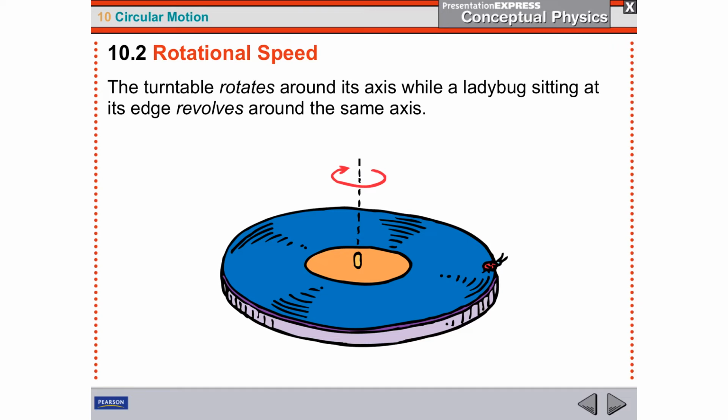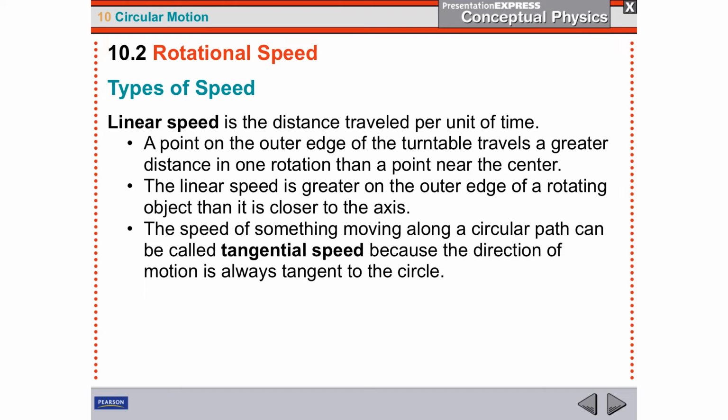The whole disk is going around at the same speed, but the linear speed, how fast you're going in a straight line, is based on how far away from the center you are. So we'll see that the linear speed, this frontward speed, if you've got a circle and you have any speed, any place on that circle, I'm happening at that instant to be going forward at a certain speed.